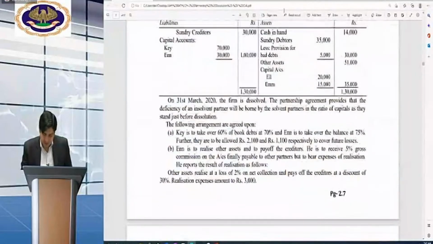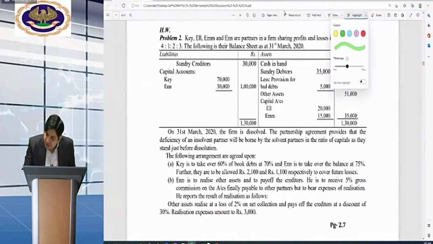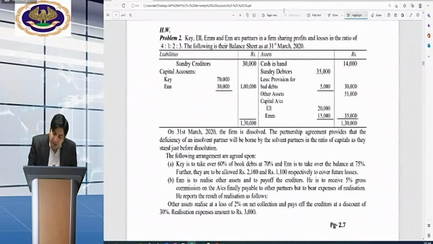Now, this is the question. Okay, Krishnan? Now read with me, everyone. See, E, L, M, and N are partners. These are the partners sharing profit and loss in the ratio of 4, 1, 2, and 3.